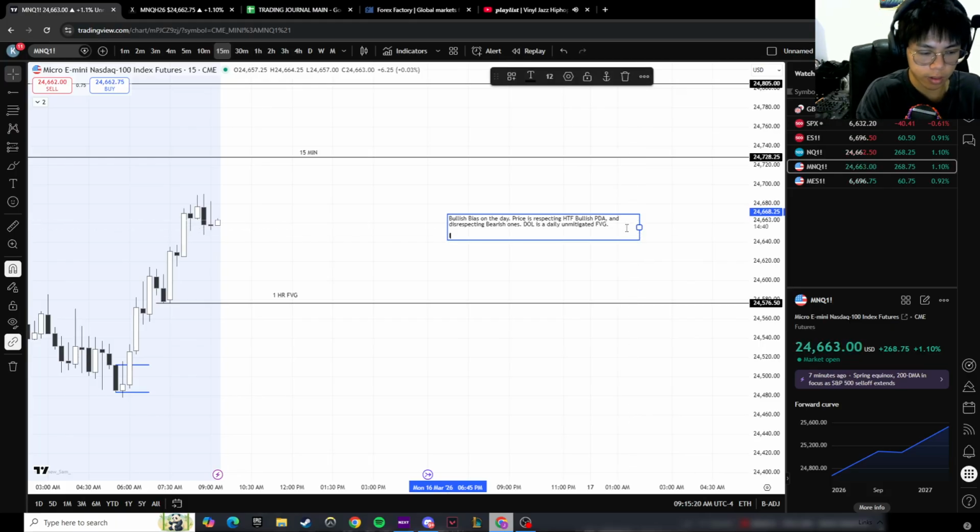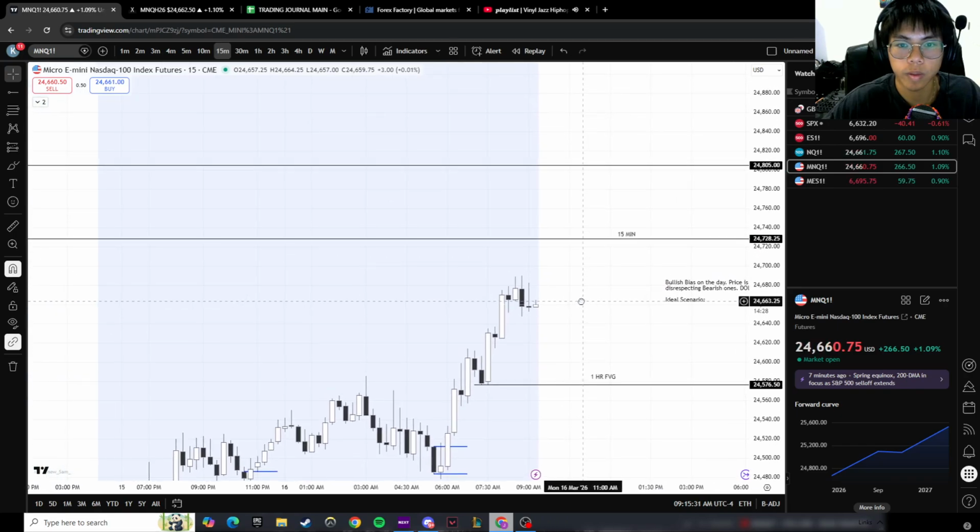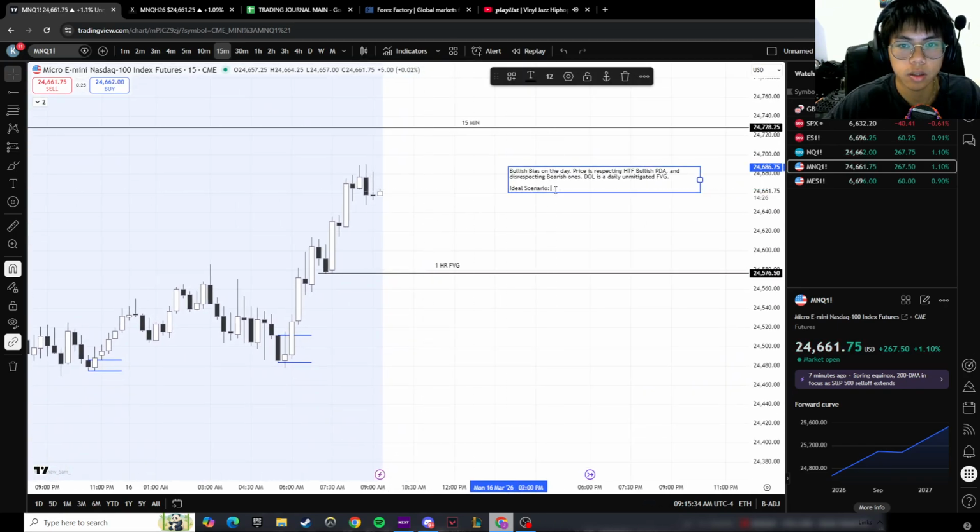So what do I want to see here on market open? My ideal scenario, my scenario one: I want to see price open bearish and fill the 1 hour FVG.